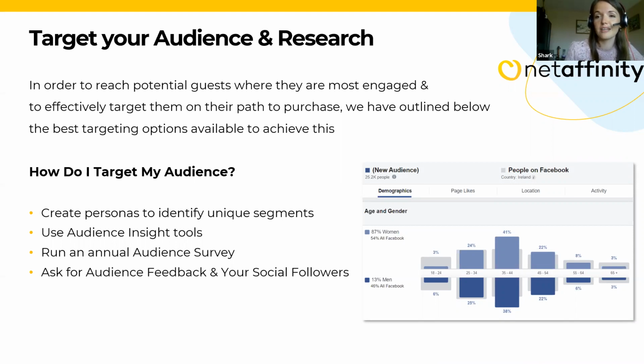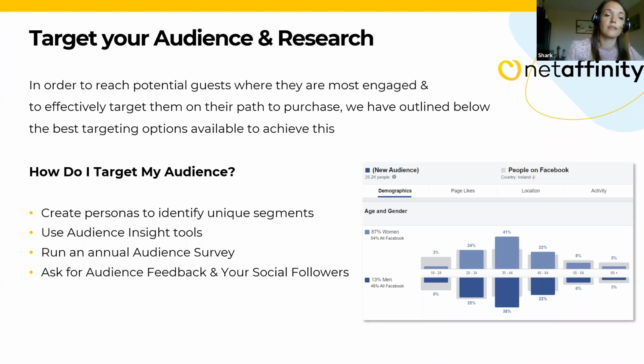You might hear us talk a lot about creating your own hotel persona, and yes, we are going to repeat ourselves again today. It's really important to create your unique hotel persona, aka ideal customer, because you need to identify your unique segments, because not everybody on the market is your ideal customer. In the process of creating a persona, you can use many useful tools.